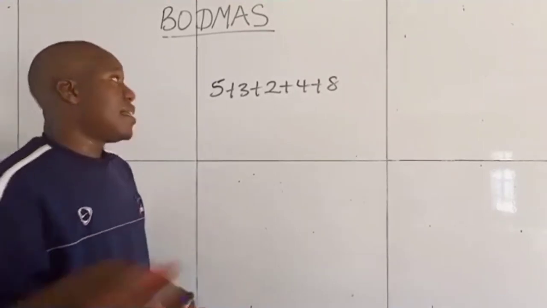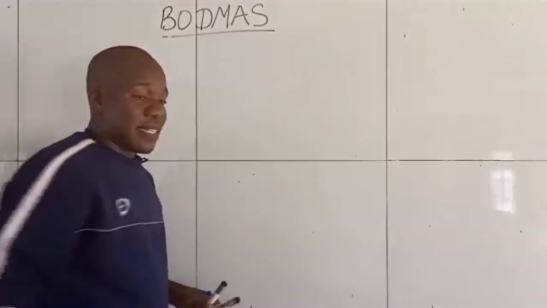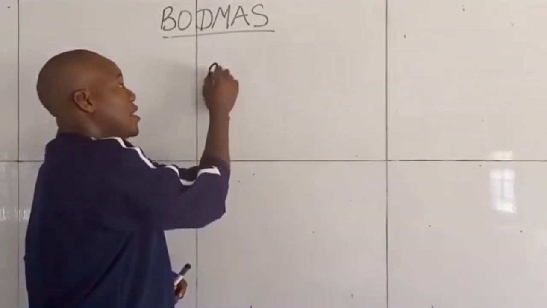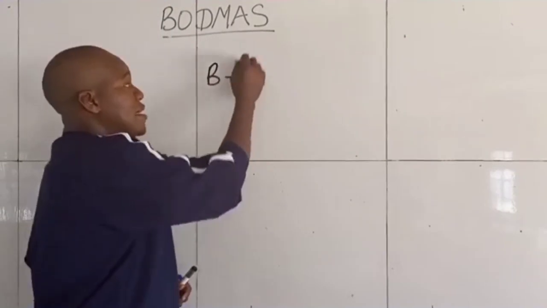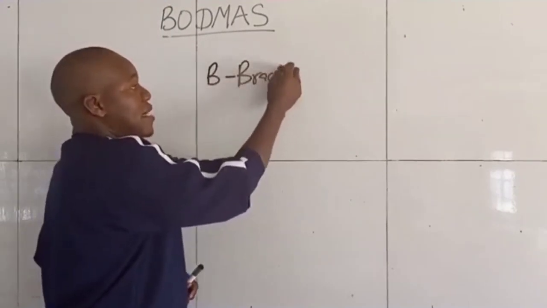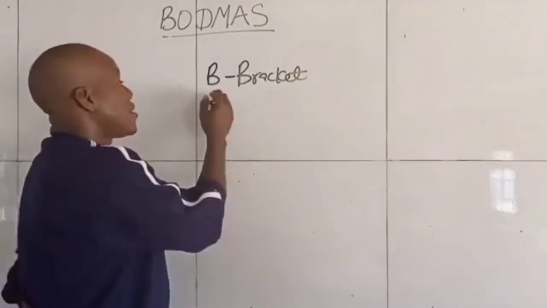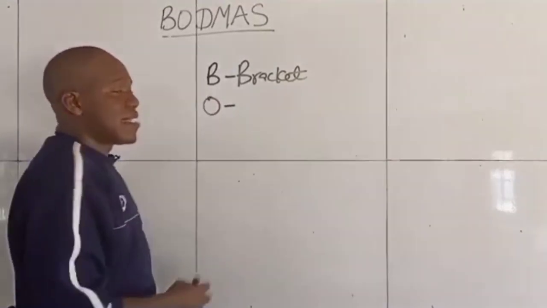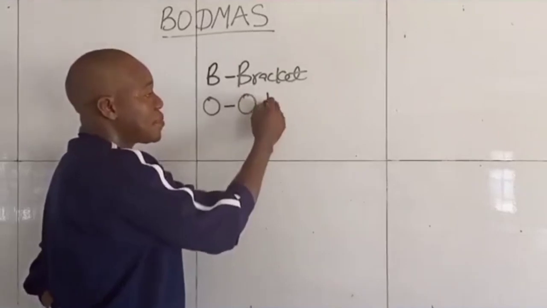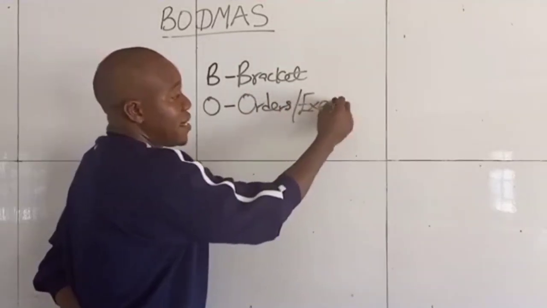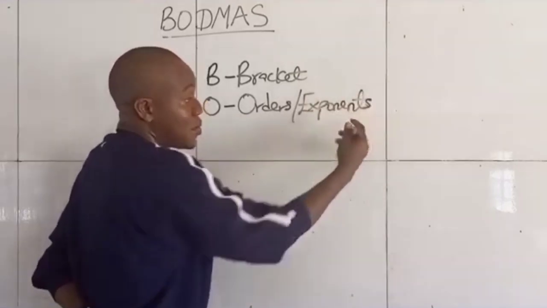So quickly, we'll look at the correct order of BODMAS. We arrange the acronyms in order. The first acronym is B, and it stands for bracket or parenthesis. The next acronym is O. It stands for others, or exponents, or even indices or roots.